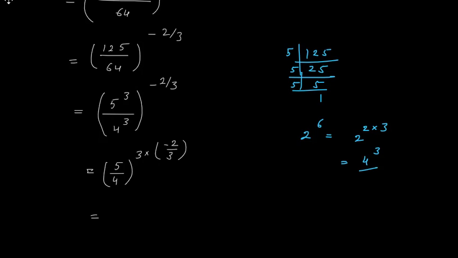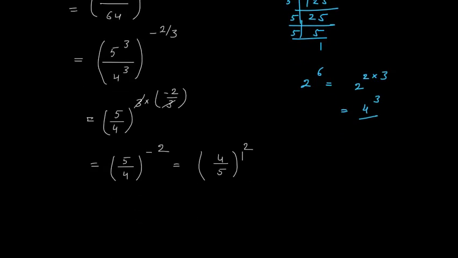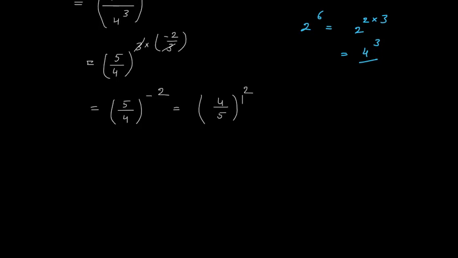So this 3 and this 3 will cancel, and I have 5 divided by 4 power minus 2. As the power is negative I will get 4 upon 5 power 2. Four fours are 16 upon five fives are 25. So this is 16 upon 25. So this is your result.